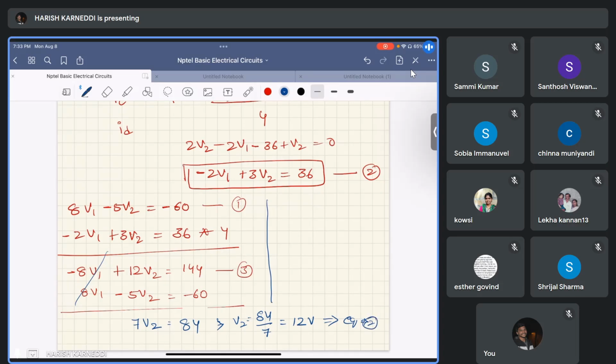So minus 2V1 plus 3 into V2, which is 12, right? Equal to 36. Minus 2V1 plus 36 equal to 36. So V1 equal to 0.